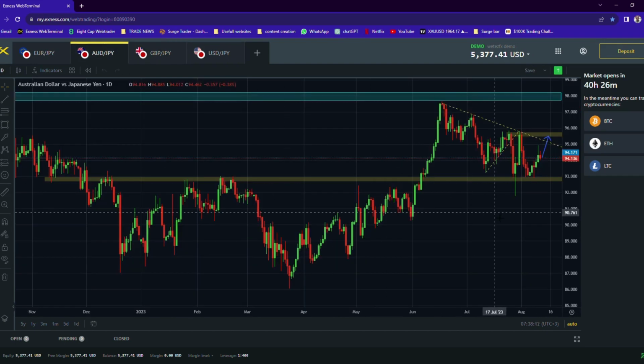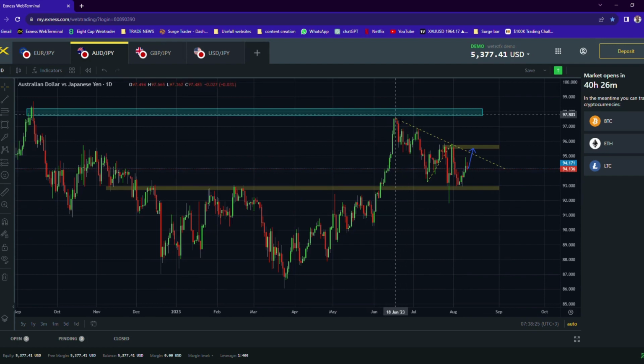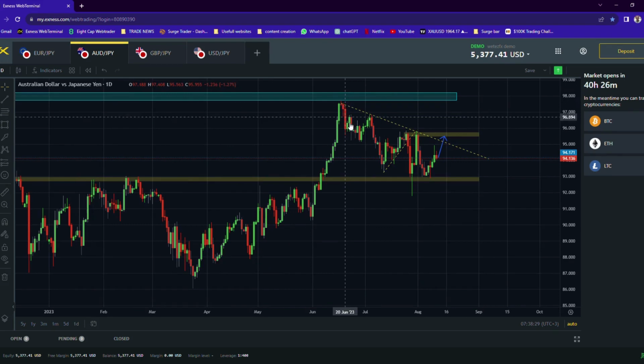It's a different case with AUD JPY because there has been a lot of bearish pressure on AUD USD, so AUD JPY has not been performing quite well. But as we can see, from the previous supply zone we saw a downward trend that has been holding AUD USD and AUD JPY too.